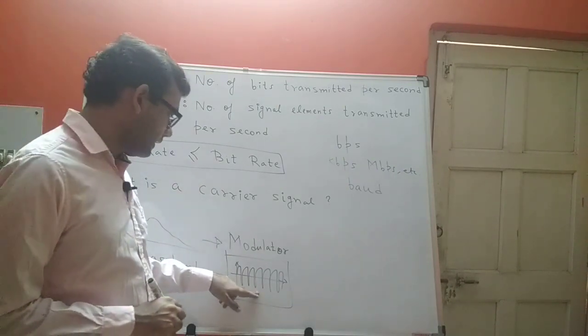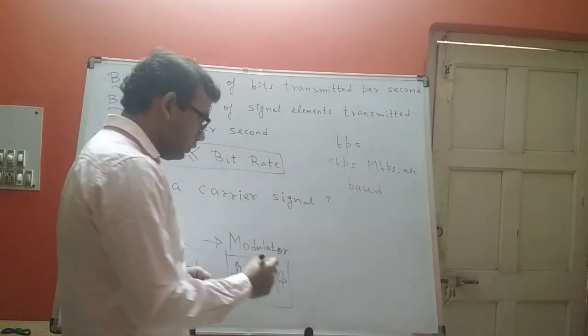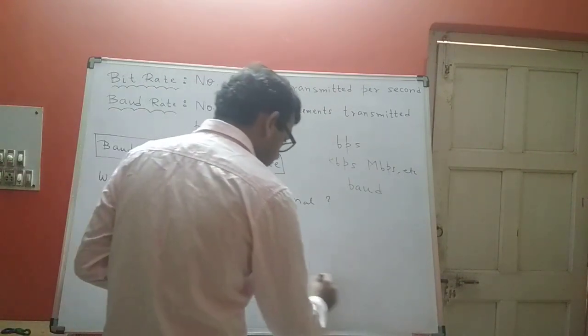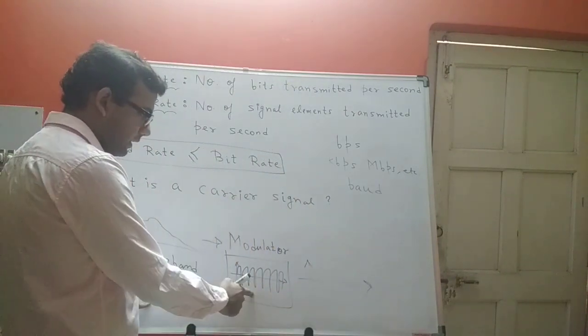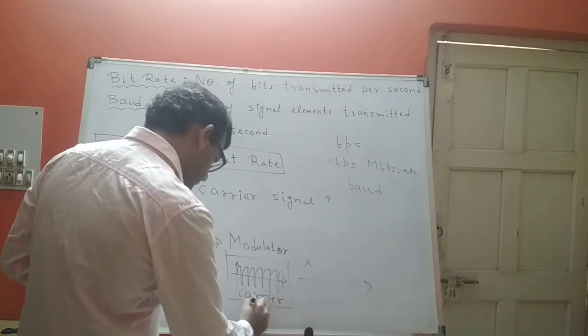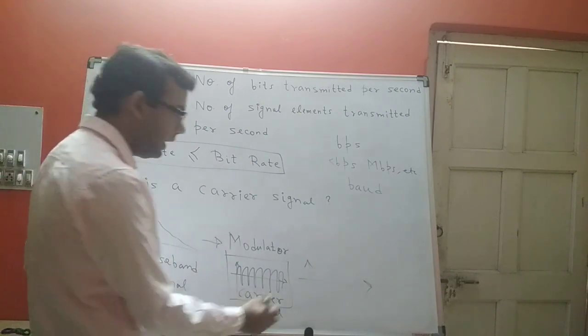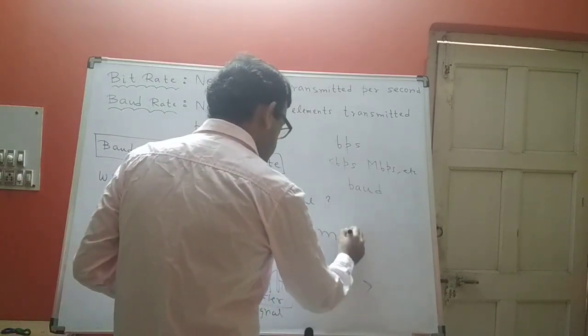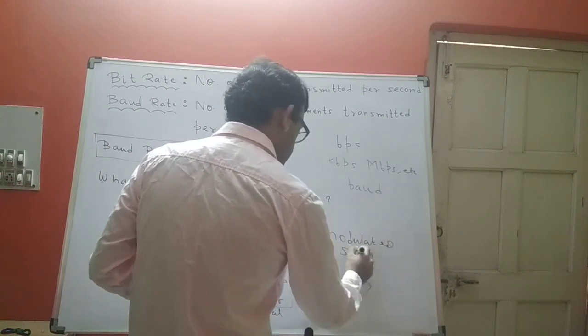So this carrier signal and this baseband signal will be combined to produce a new signal or a modulated signal. Both of them will be combined to produce a modulated signal.